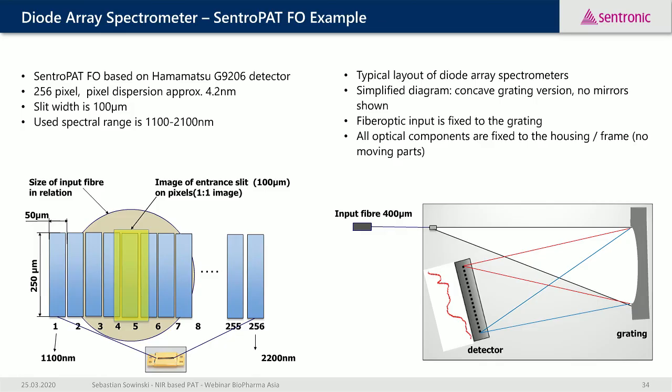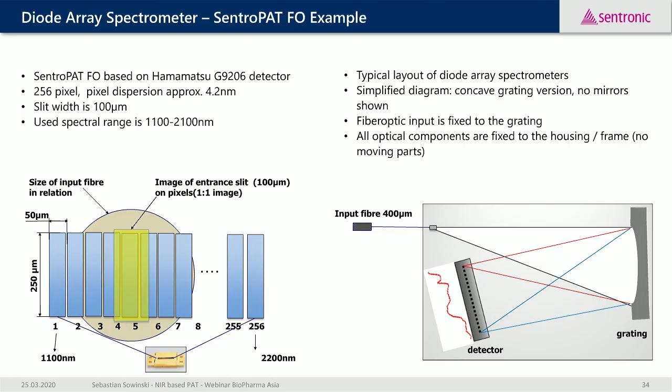We are using a slit with a width of 100 micrometers, and the connection of the input fiber is a 400 micrometer fiber. The used spectral range is 1100 to 2100 nanometers, and even though the array as shown goes up to 2200 nanometers, the signal to noise ratio in the last 100 nanometers is too low, and that's the reason why we reduced it down to 2100 nanometers.